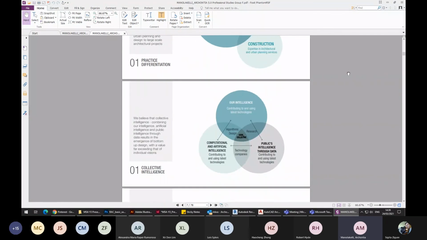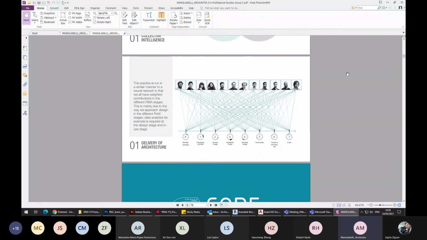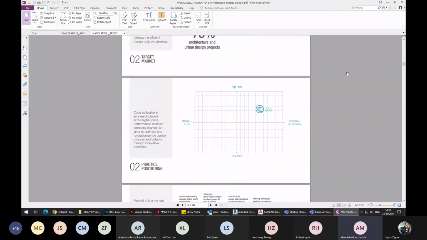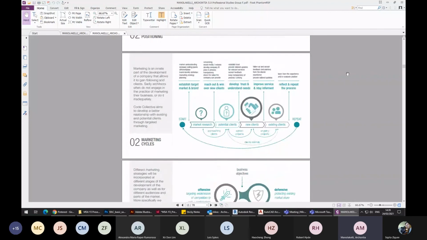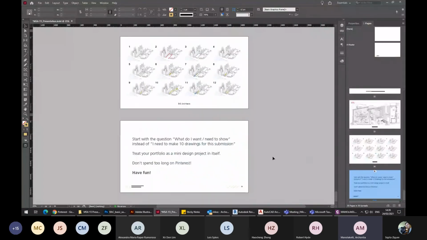But what I want you to notice is that there is a very specific style that runs through the presentation that helps it read through diagrams and through text and through placement as one thing. And that makes it look very professional and very legible. So I think that has made a point.